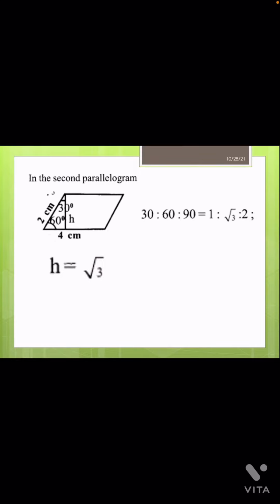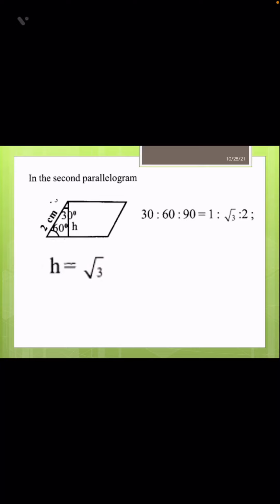We'll consider the second parallelogram. Here the angles are 30 proportional to 60 proportional to 90.